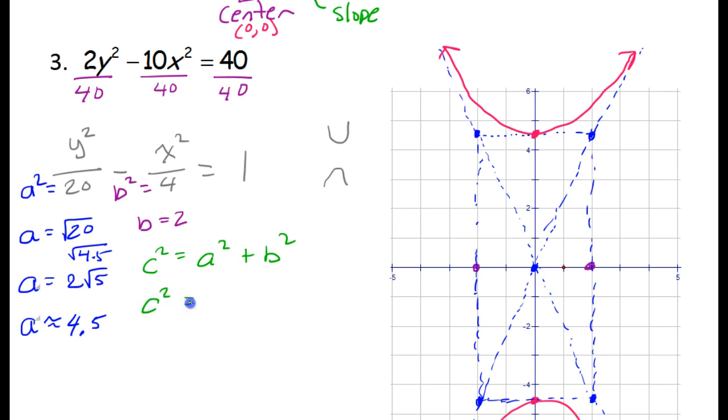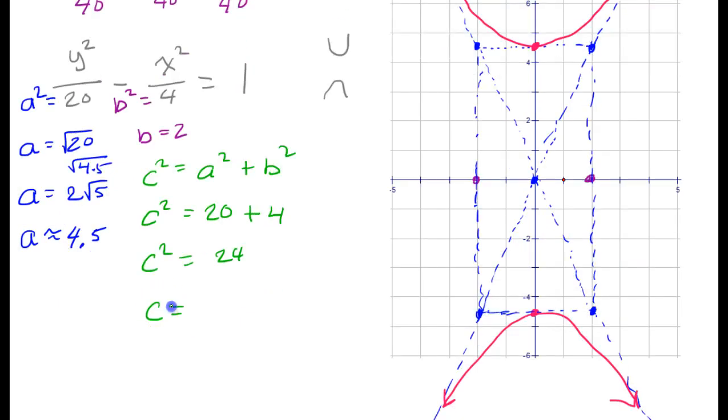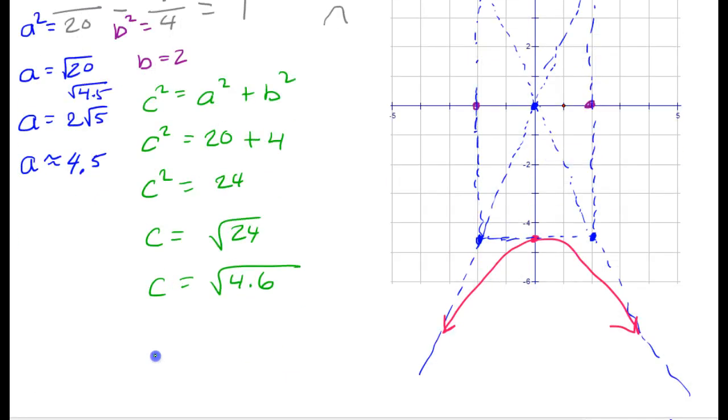So c squared is going to equal 20 plus 4. So c squared is equal to 24. So c is going to equal the square root of 24. Now remember, 24 is 4 times 6. So that means c is going to equal 2 radical 6.